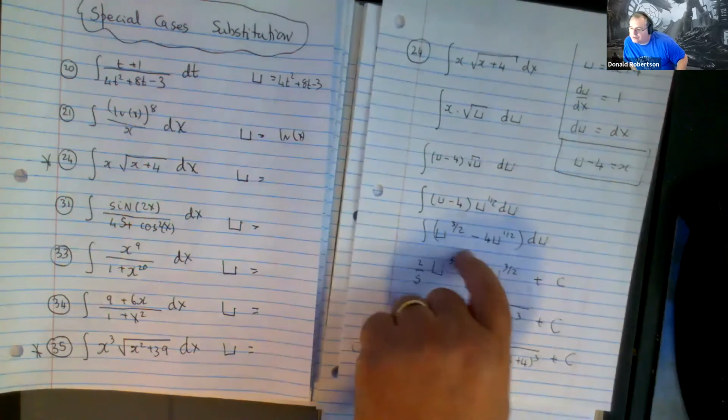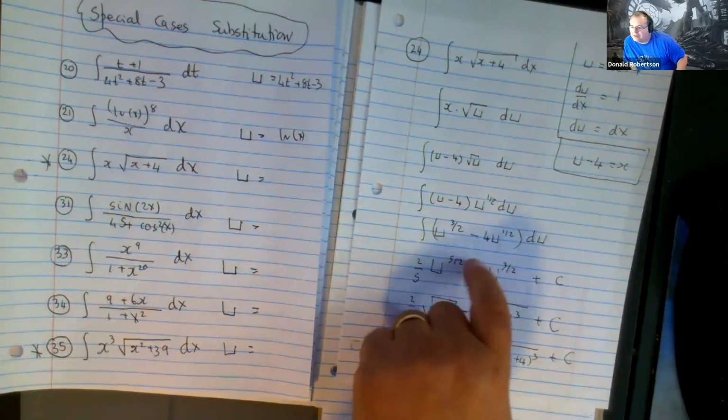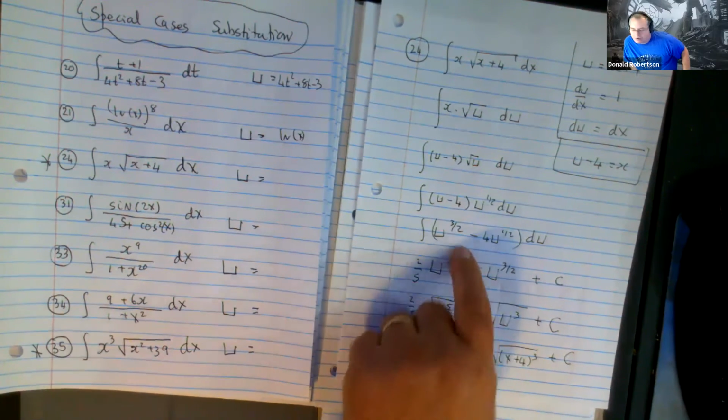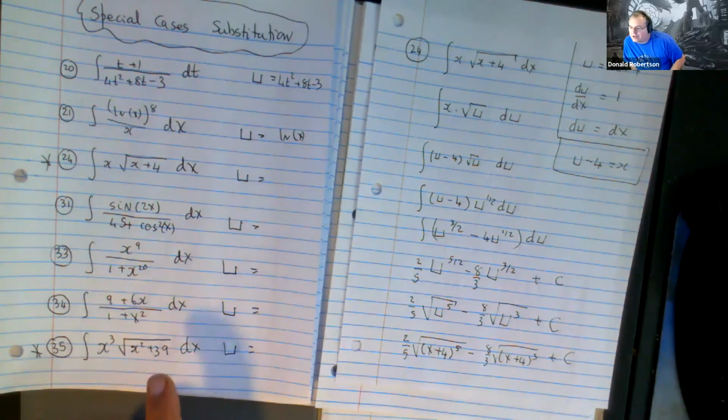What u sub should I use in question 35? x squared plus 39. Right. I'm not doing that question because we've got time issues, but can you trust me? It will look very similar to this one. So when you're doing your homework question, have a look at how 24 happened and try and work the same way on 35.